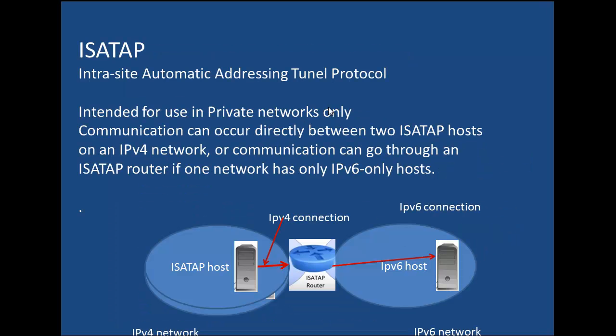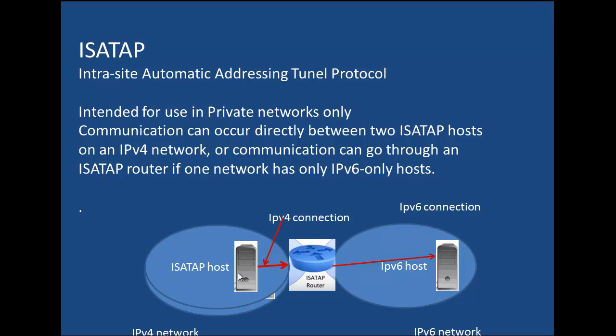Then we also have another transition protocol called ISATAP, Intra-site Automatic Addressing Tunnel Protocol. And this one is used only for private networks. So you can have communication between two ISATAP hosts on an IP4 network, or you can go through the router, as you see we have here in our figure.